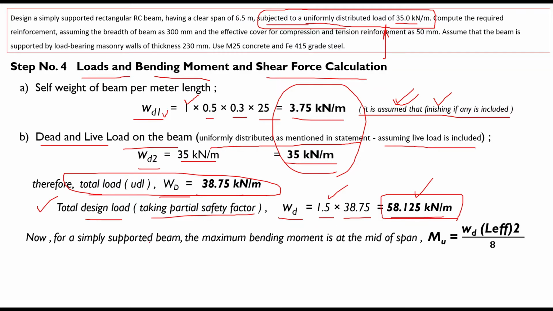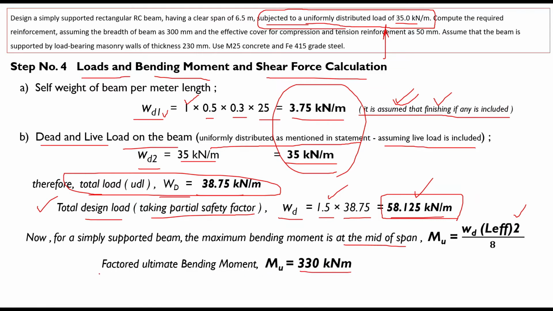Now for a simply supported beam, we know how to calculate the maximum bending moment, which is at the mid of the span, and the formula is WD L effective square by 8. By this formula we have calculated, and its value works out to be equal to 330 kilonewton meter.